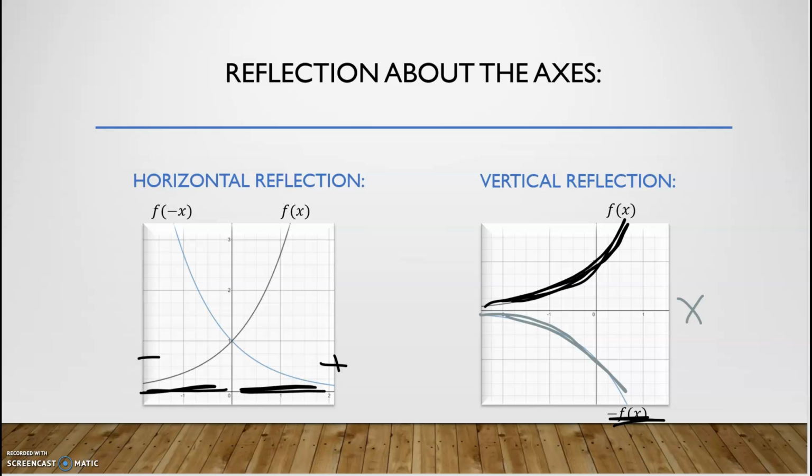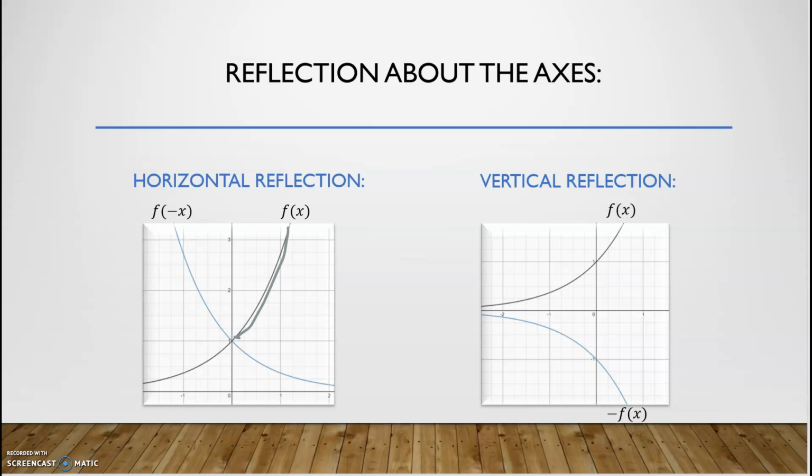Okay, so notice right here, let me get rid of this. Notice over here, from this starting point over here, these are all positive x values. And then over here, these are all our negative x values. Now, when we reflect it over or have a horizontal reflection, what we do is the ones that were positive, well, now they become negative.